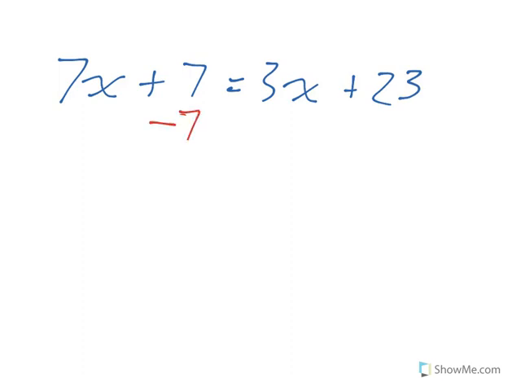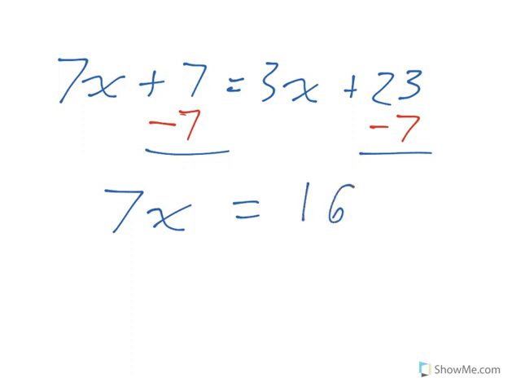So that would be 16. Are you sure? Now what do you do? So now you do 7x equals 13 plus 3x plus 16.